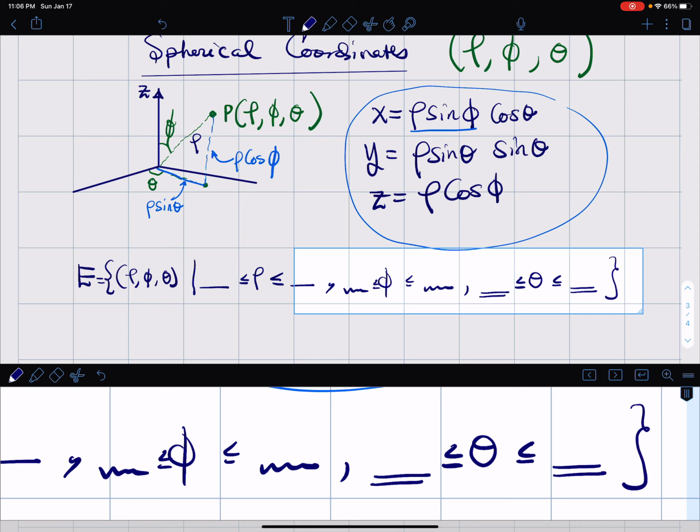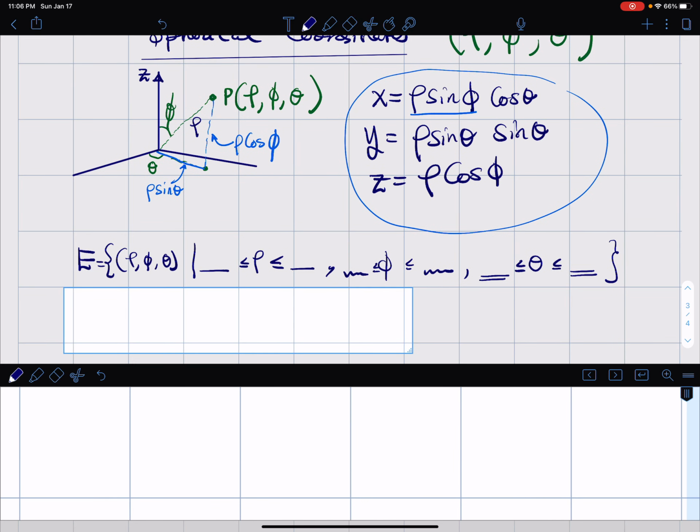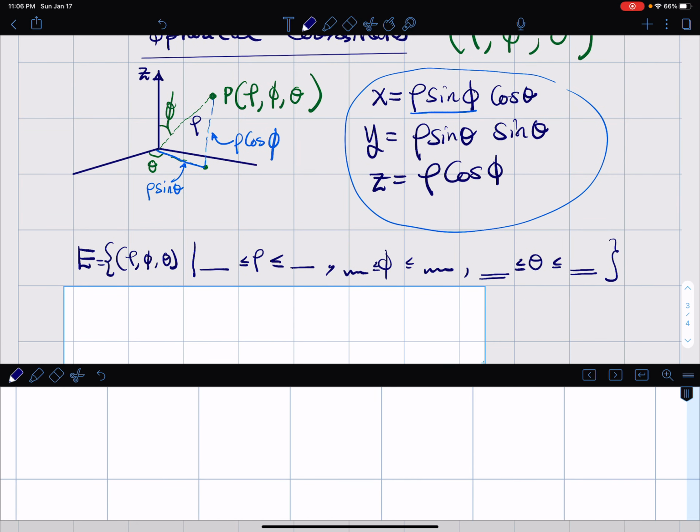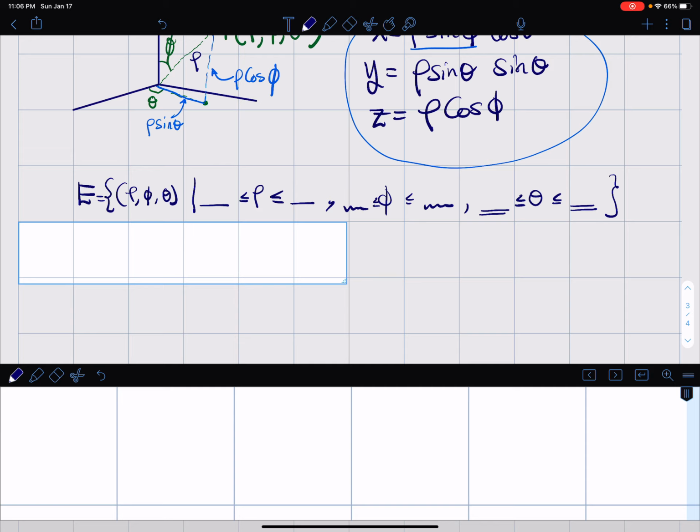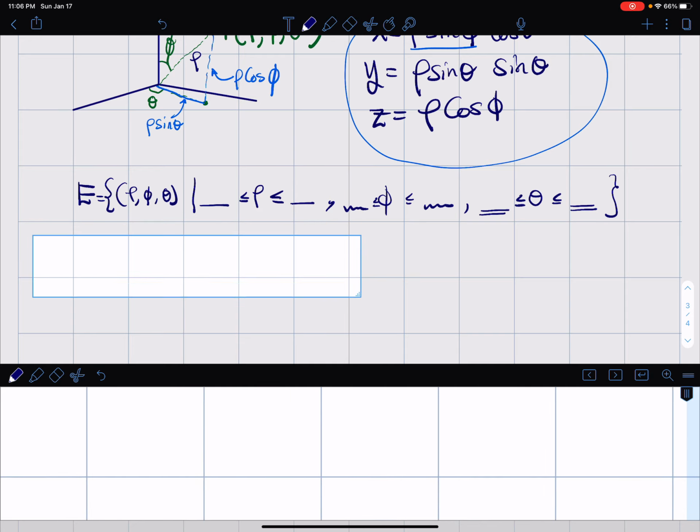So that is how we are going to be describing our region. And I'm going to do an example and show you how this now works.